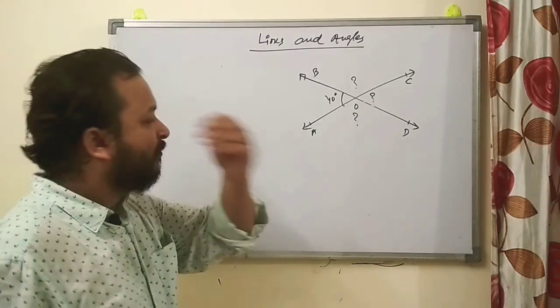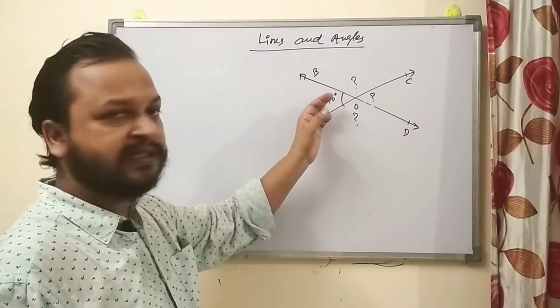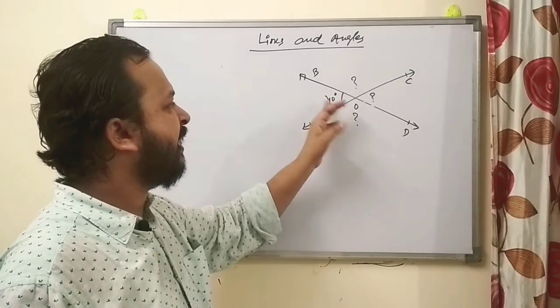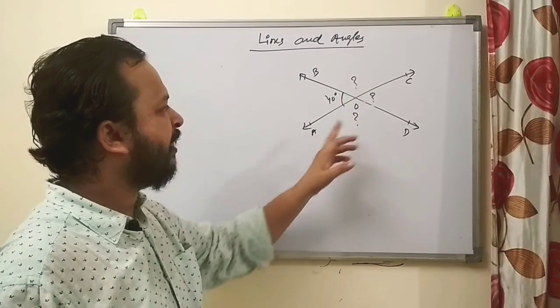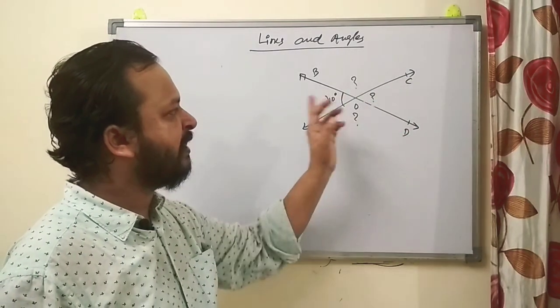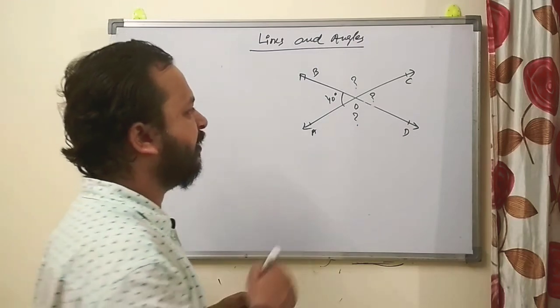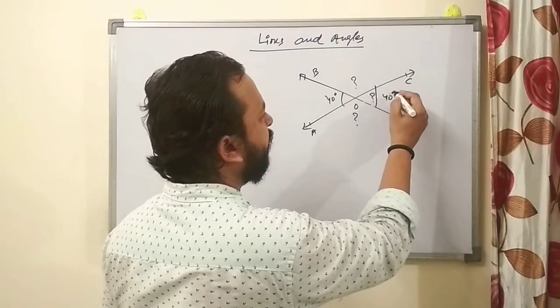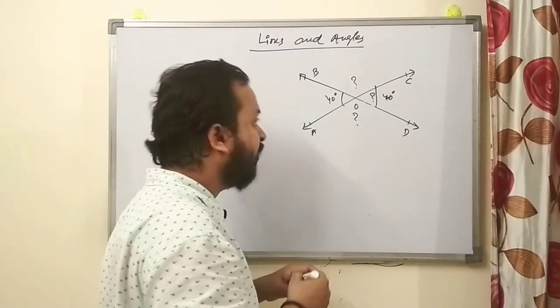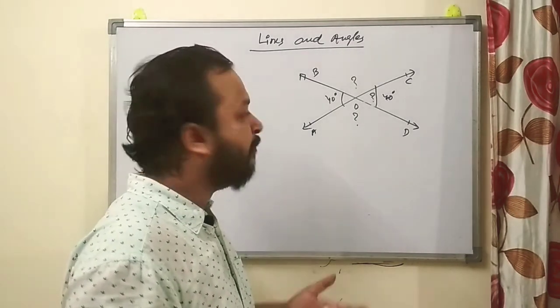So for the concept of vertically opposite angles, this angle, angle BOA or AOB, is vertically opposite to angle COD, which means both the angles are equal. So if this is 40 degrees, this is also 40 degrees, right? And you know two adjacent angles make a linear pair.